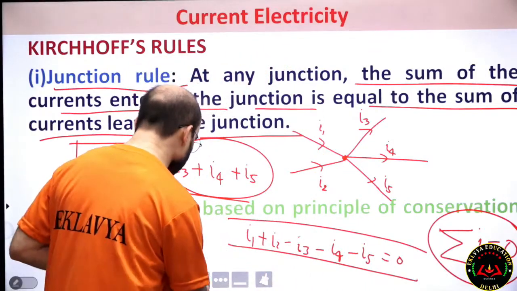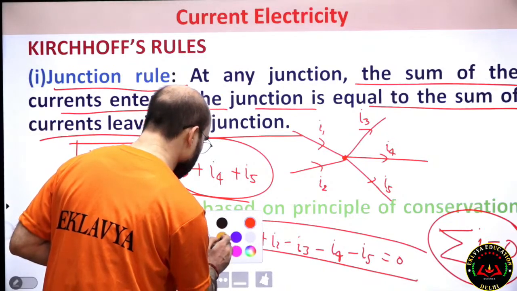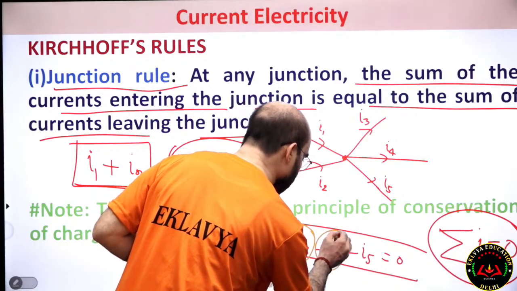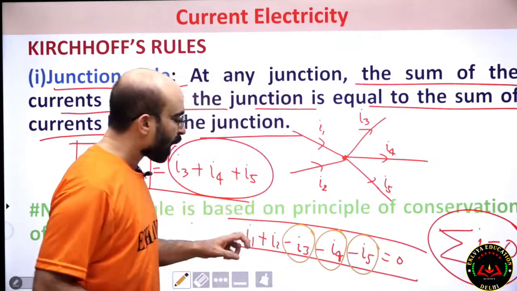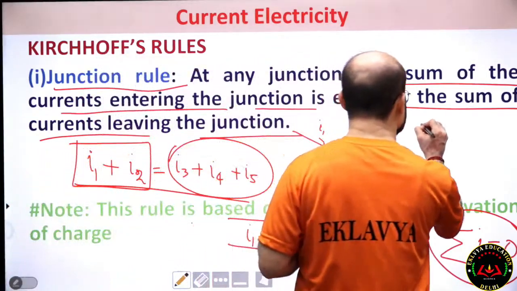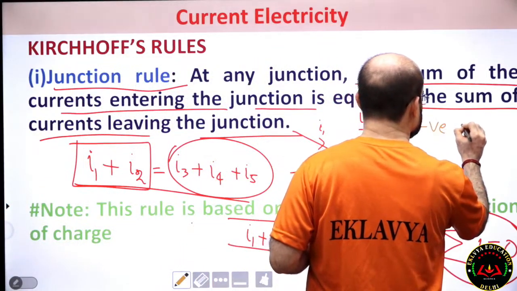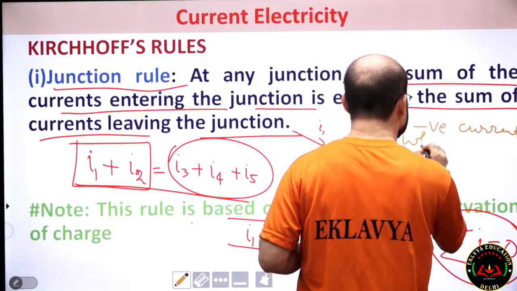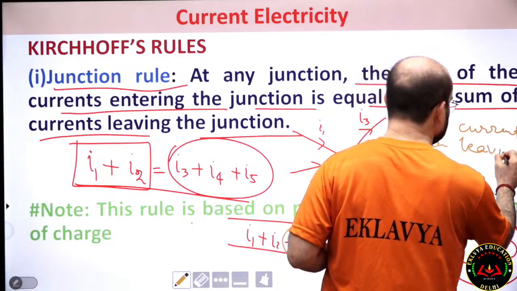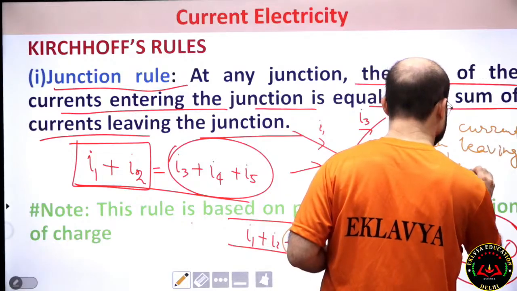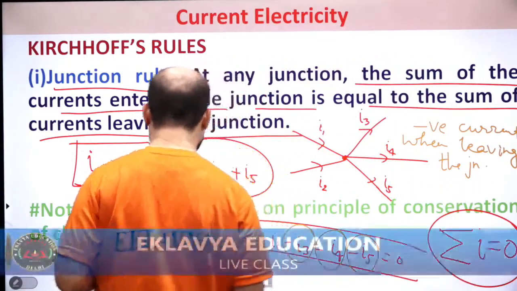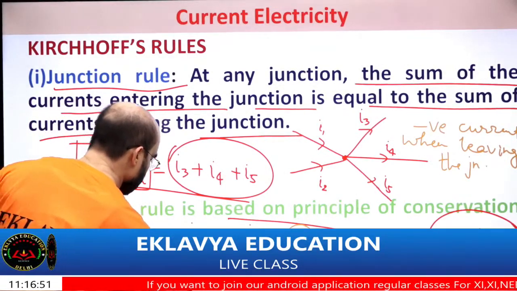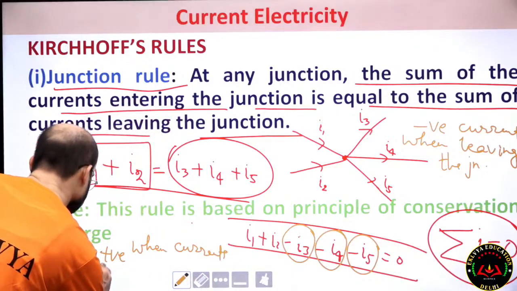Okay, one more thing here we need to understand. Here I3 is taken minus, I4 is taken minus, I5 is taken minus. So can we conclude now that current is negative when leaving the junction, and positive when entering the junction?